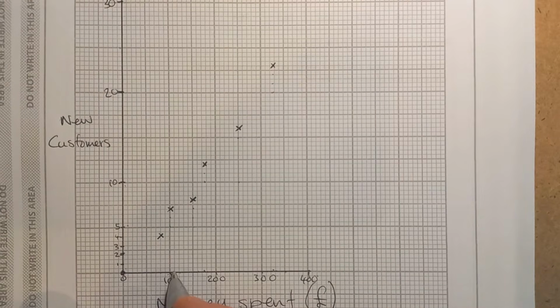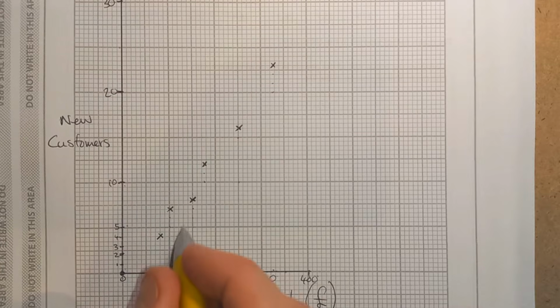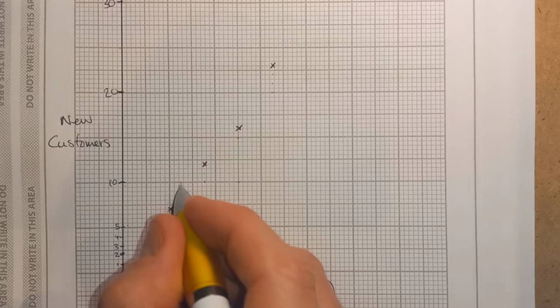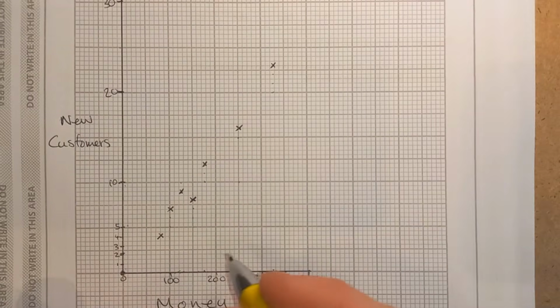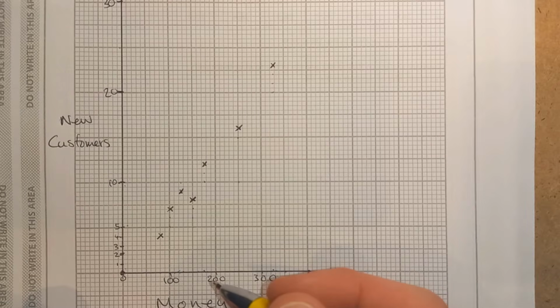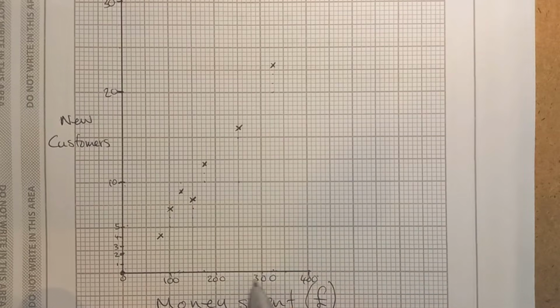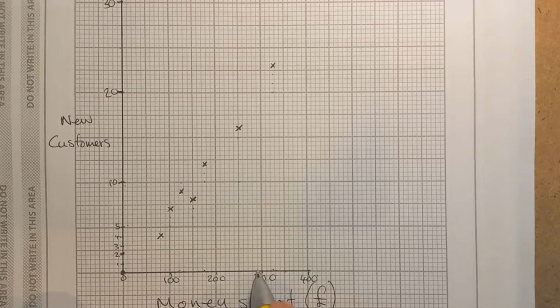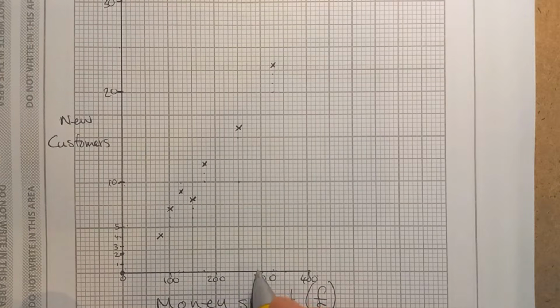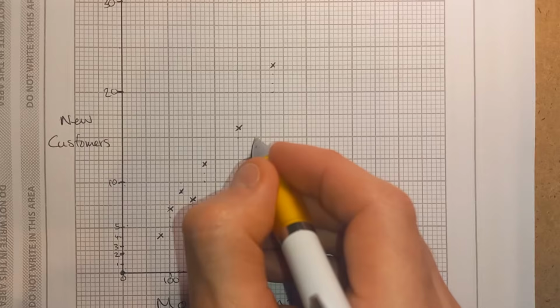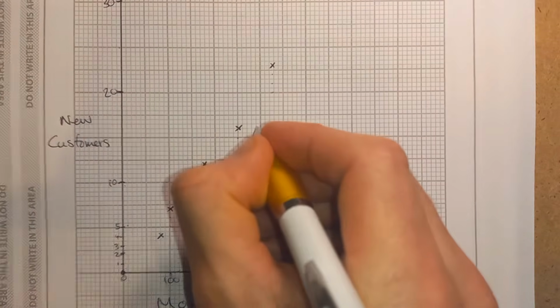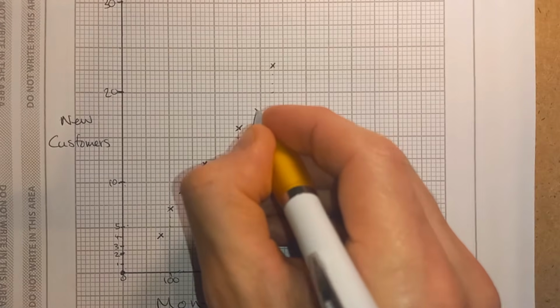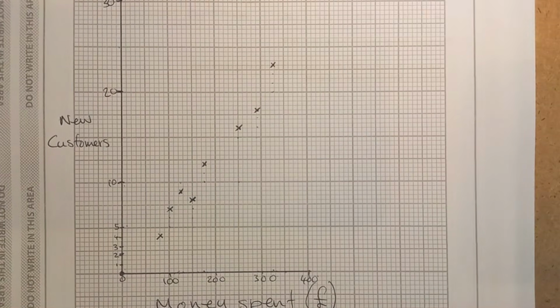So 100, 110, 120, 125 again is going to be in between. Well, this is 10 new customers here, so we go down 2 boxes to get to 9. And finally, we've got £290 for 18 new customers. Well, this is 300, so 290 would be 1 box down. And 18 new customers. Well, this is 15, because it's halfway between 10 and 20. So 16, 17, 18 would go there.